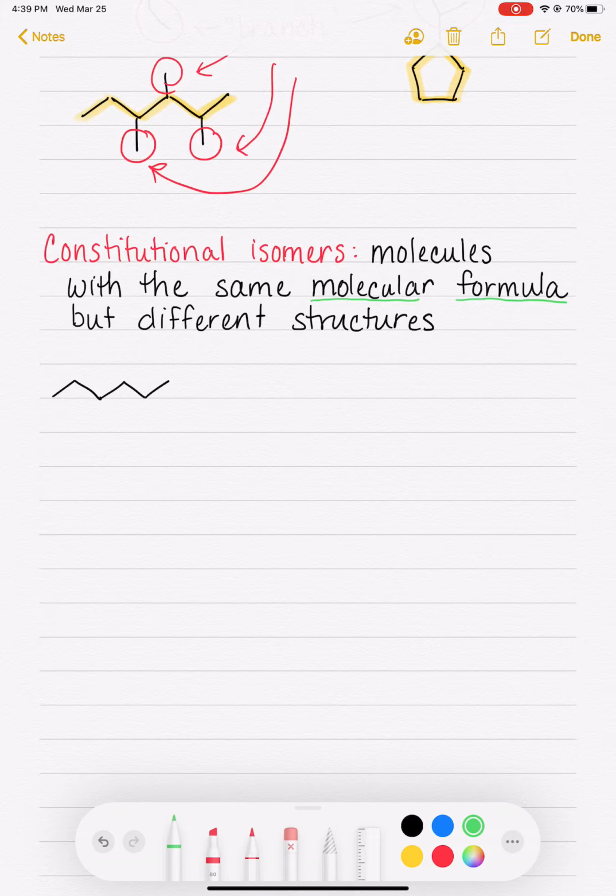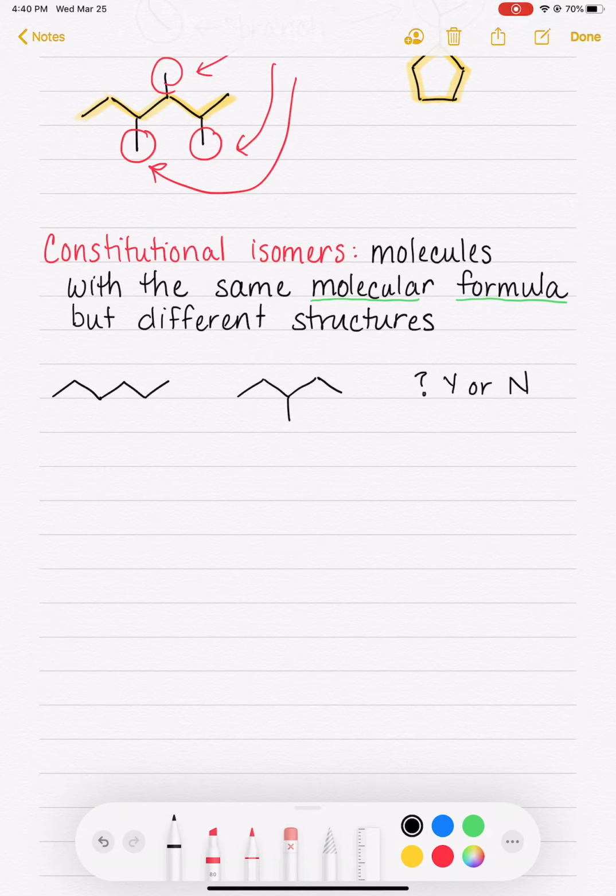So starting with this molecule right here, and let's say we wanted to compare it to this molecule right here. And we're going to ask ourselves, yes or no, are these two constitutional isomers?